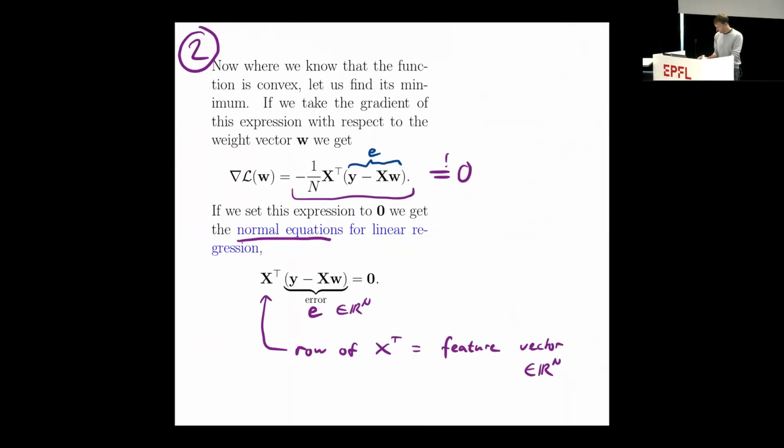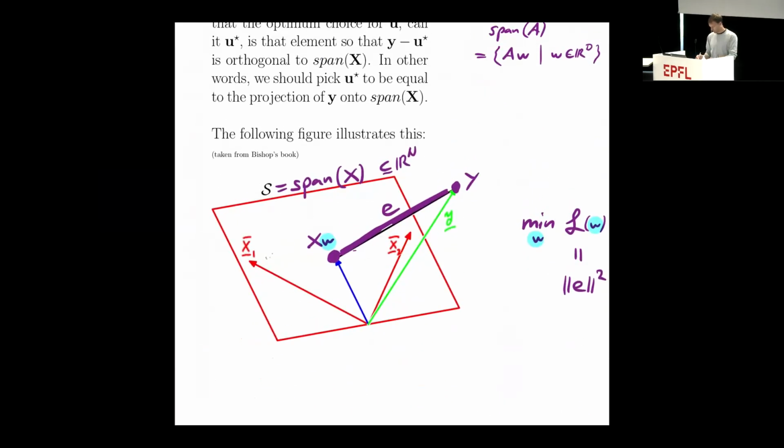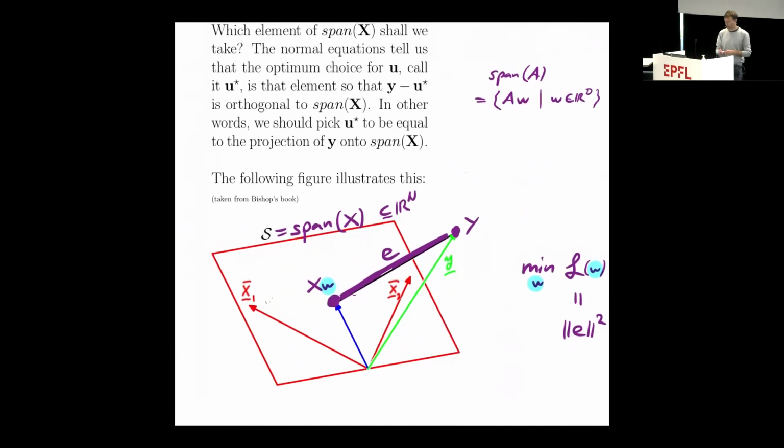And that was the vector we already had in the picture here, from XW to Y. So what this is saying is that the best W is the one which makes this thing smallest. That's how it's defined.